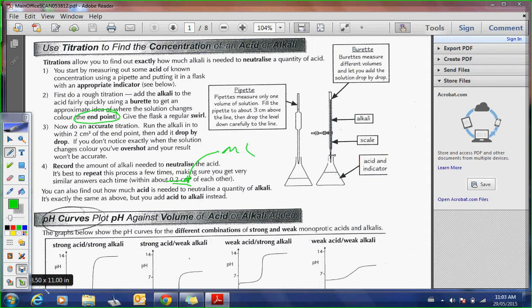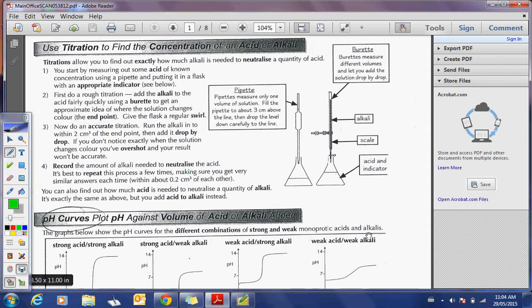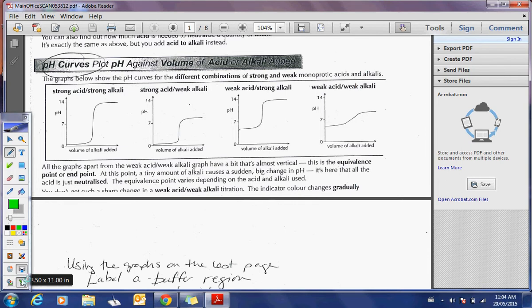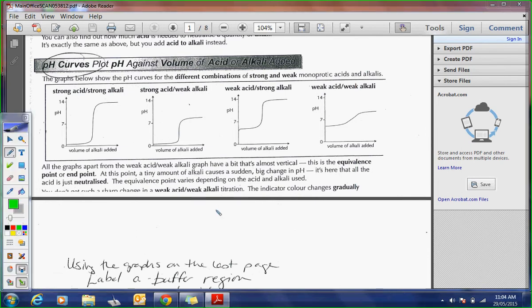Okay, so this is the new bit for Chem 30, pH curves. And maybe not though, because we do cover this in Chem 20 from time to time. So a pH curve is a graph of how the pH changes during the titration.